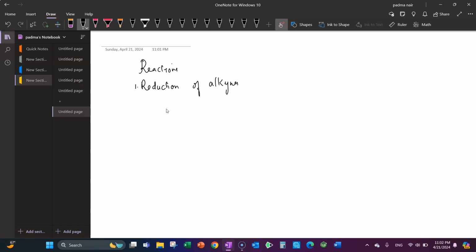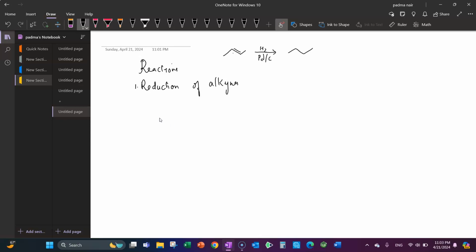So alkynes will undergo reduction reactions very similar to alkenes when you treat them with hydrogen and palladium. If you recall, for alkenes, if you take an alkene and react it with hydrogen in presence of palladium over carbon, you can reduce that to an alkane.